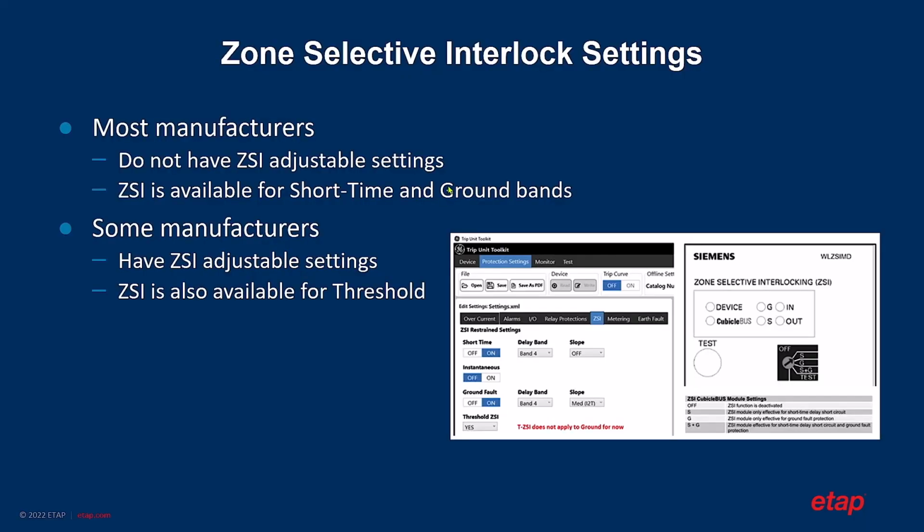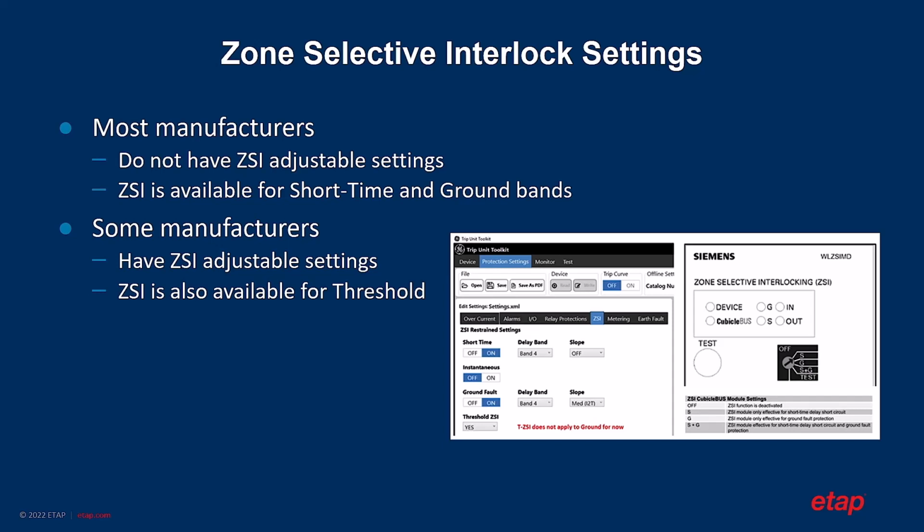Let's take a look at the ZSI settings available from different manufacturers. For most manufacturers, like Siemens, they don't have adjustable ZSI settings. ZSI is only available for short time and ground bands.